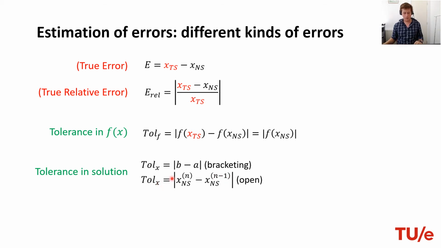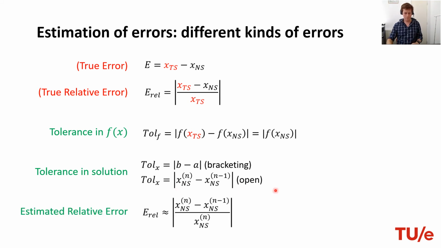So this tolerance in x for open methods is based on the difference in the numerical solution in successive iterations. That can also be used as an estimate of the error that we're still making with respect to the true solution. Or we can similarly define an estimated relative error, where we normalize this tolerance with the current estimate for the numerical solution.